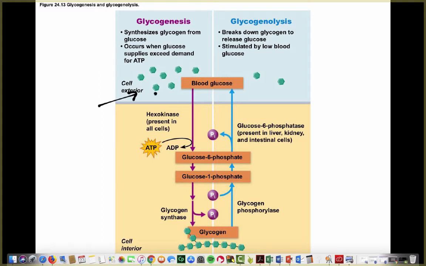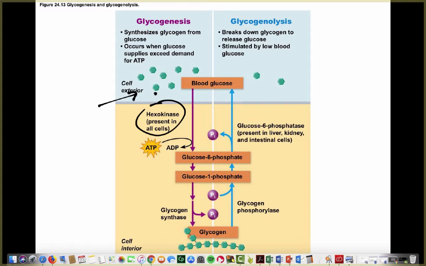basically you take these small molecules of glucose. This, of course, is you have more glucose there than you need for ATP. So basically, if you look at glycolysis, one of the very first enzymes is hexokinase.